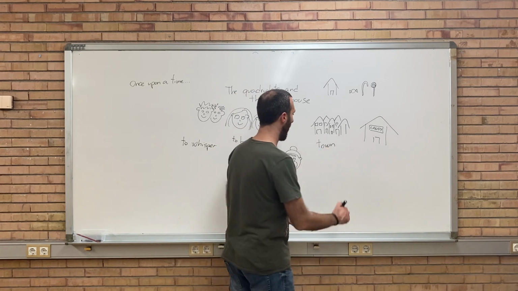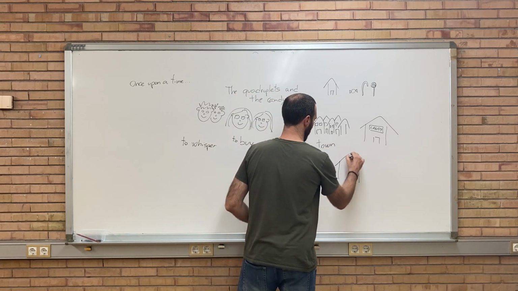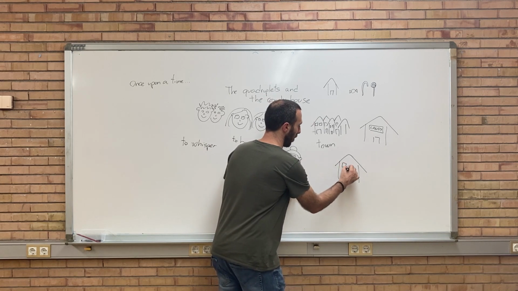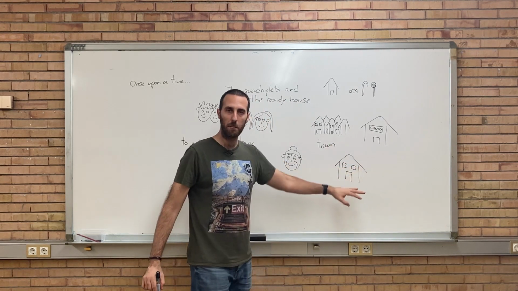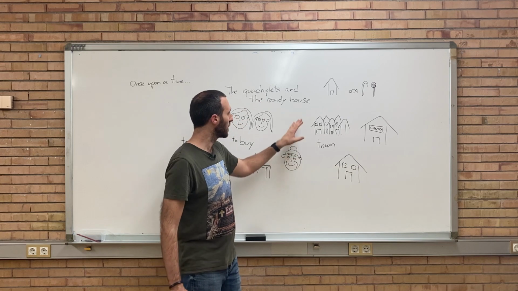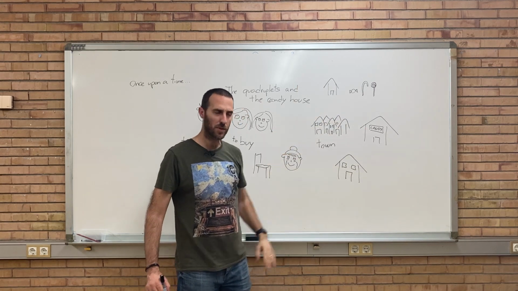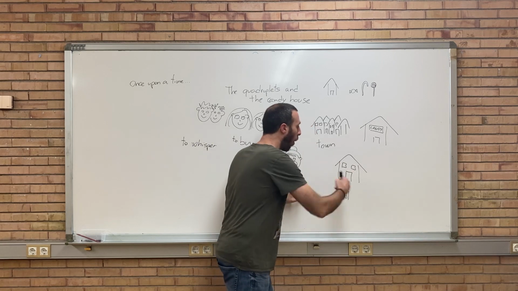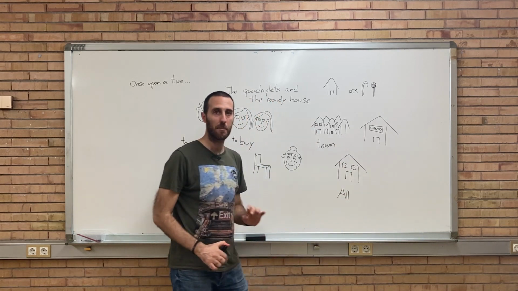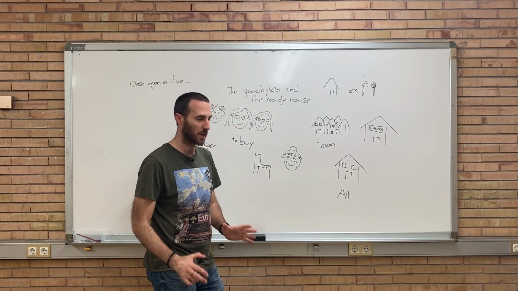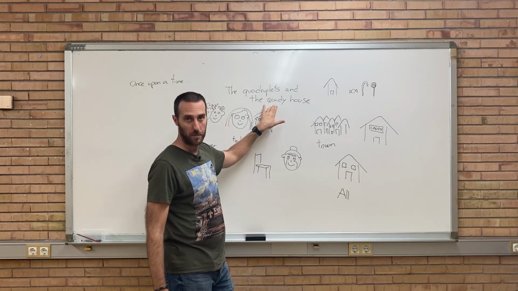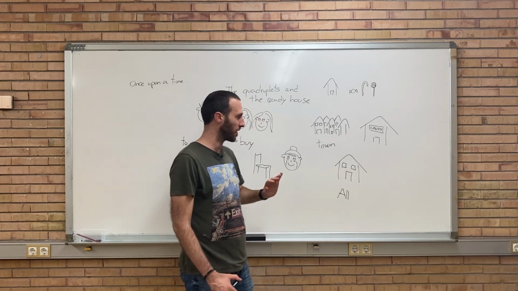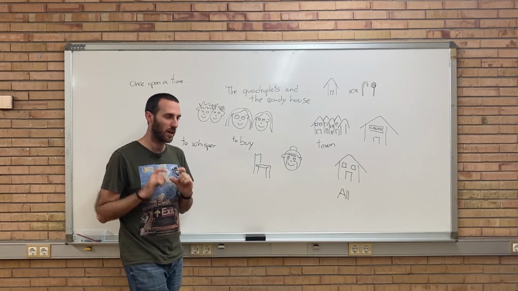There is a house made of candy, made of chocolate, sweets, lollipops. All the house is created with candy, okay, with chocolate and sweets and everything that you love.